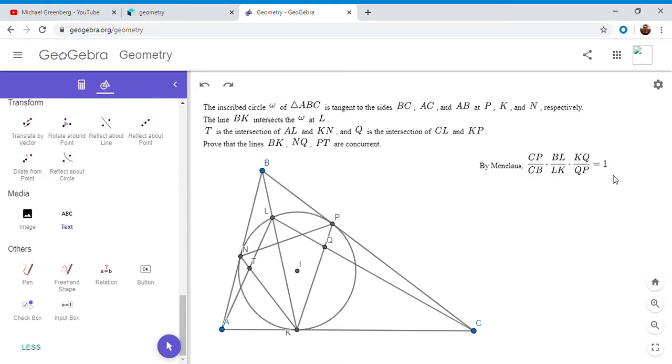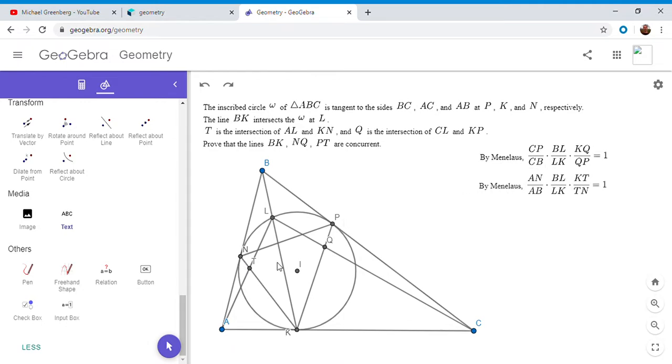And often for problems that involve Menelaus, there's another way to do it just using cross ratios or projective geometry. So if anyone knows of a way to get around using Menelaus, feel free to let me know in the comments.